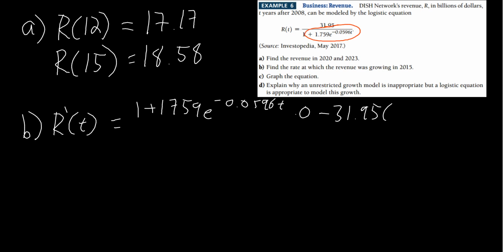Like we've seen in the previous examples, I'm just going to take the derivative of e to the negative 0.0596 t, and then times the 31.95.